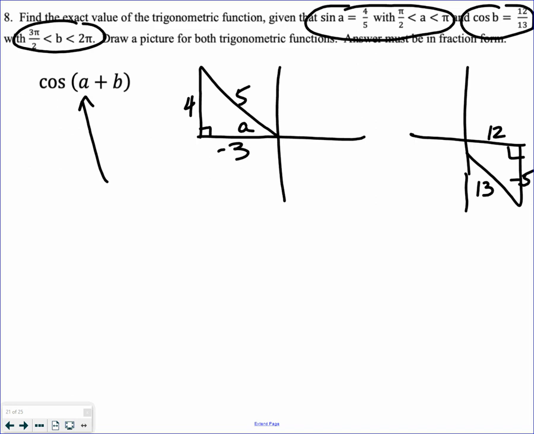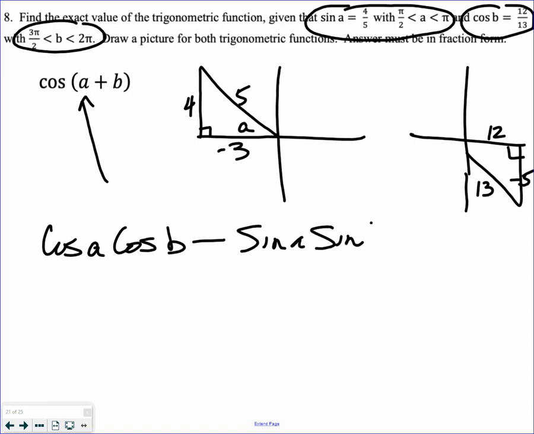Now, they're asking for cosine of A plus B, which is the cosine of A, cosine of B, minus sine A, sine B. So now, looking at each of the drawings, I'm going to actually write the fractions in. So cosine of A would be adjacent over hypotenuse.